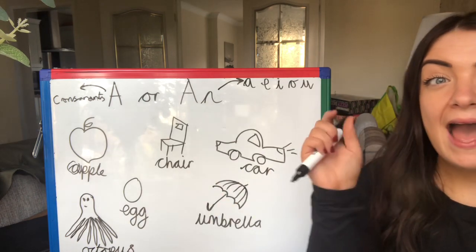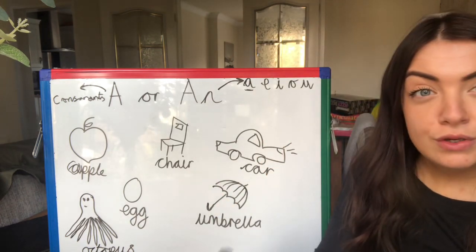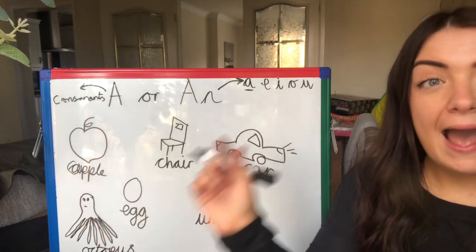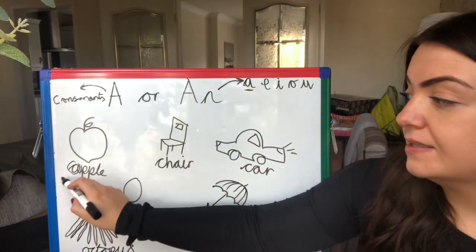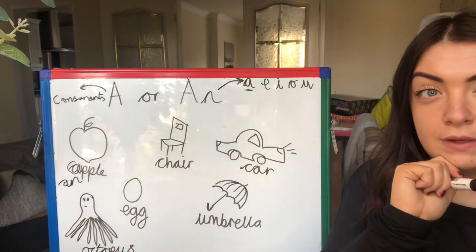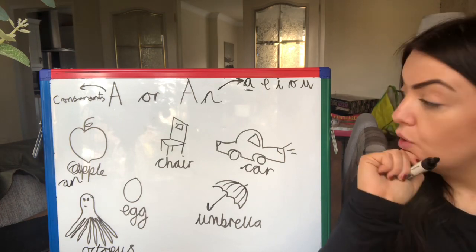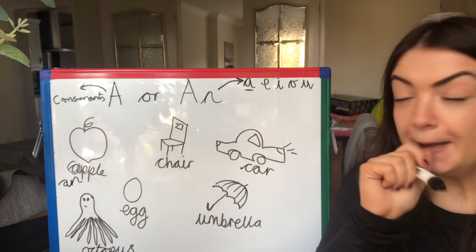And I know that A is right here. It is a vowel. So when I'm writing the noun apple, if I've got one apple, I could say one apple, or I could say an apple.